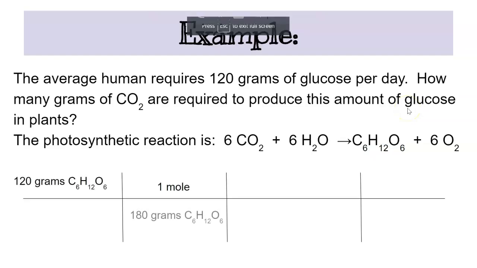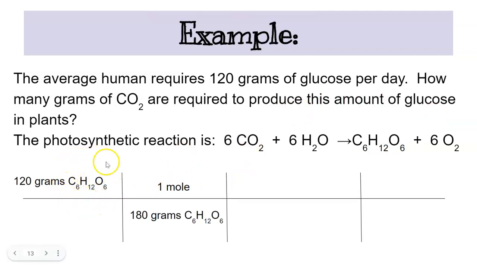Okay, so here we can already see our grams are going to eliminate, and we would be left with moles of glucose. We don't want moles of glucose, we want moles of our carbon dioxide, so CO2. So now we can use our mole ratios from our problem. We want to get rid of moles of C6H12O6, which is glucose.